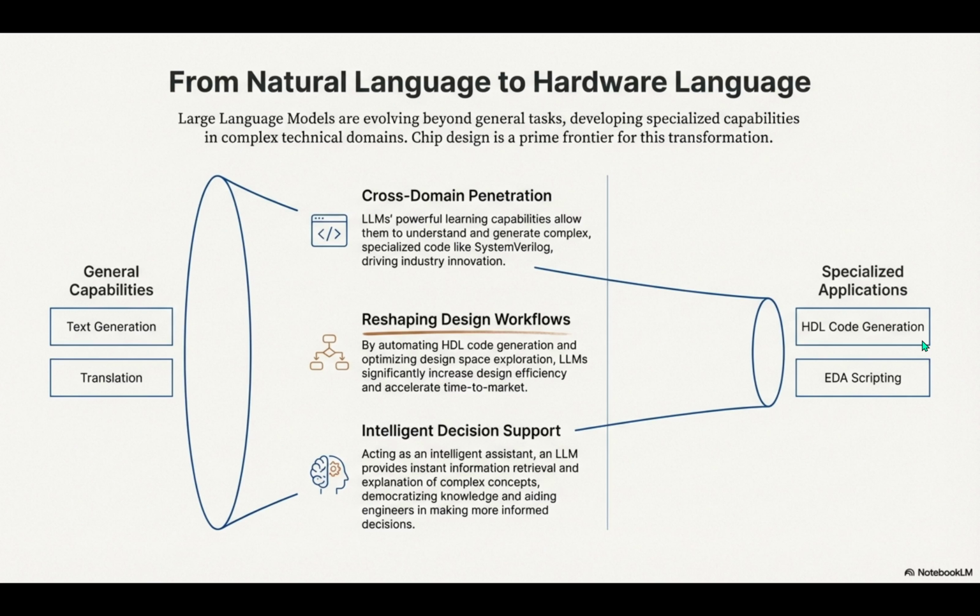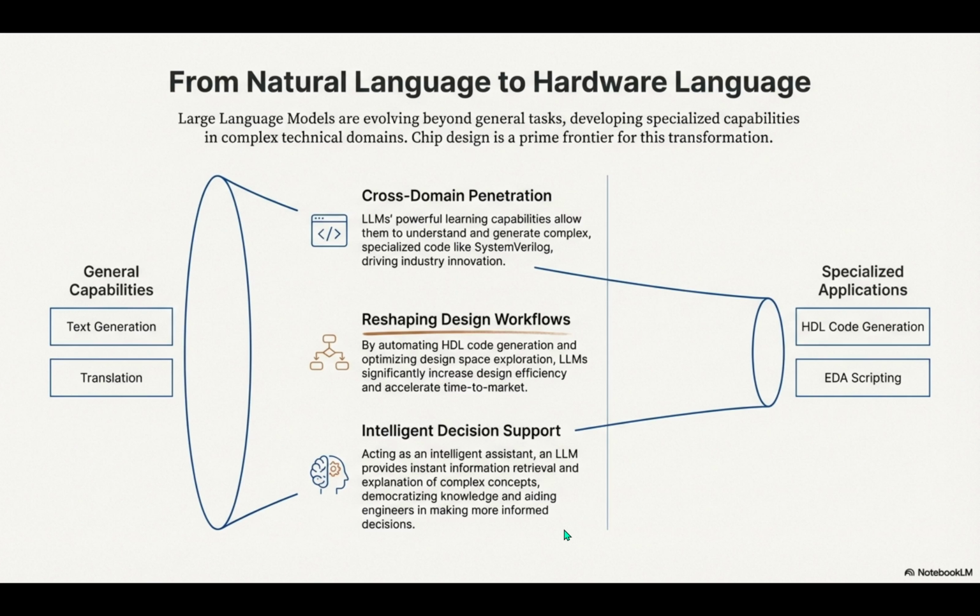And the third way is like having the instant, always-on expert in the room with you. Intelligent decision support. The LLM acts as an instant resource. It can explain complex concepts, recall tricky syntax, suggest design patterns, all on demand. So it helps veterans, but it must also be a huge leg up for new engineers. It democratizes knowledge. It's like having an entire library of textbooks memorized and perfectly indexed.